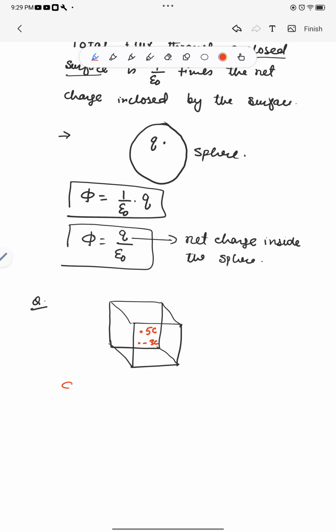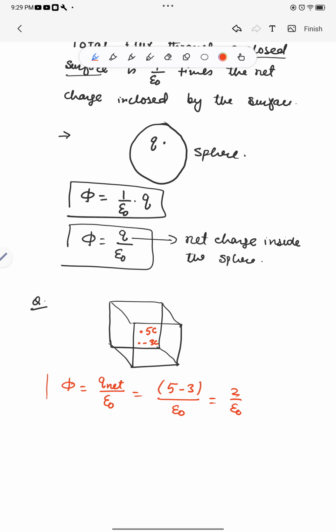So total flux through this cube will be q net by epsilon naught. Q net will be 5 minus 3, because there are two charges, 5 coulomb and minus 3 coulomb.